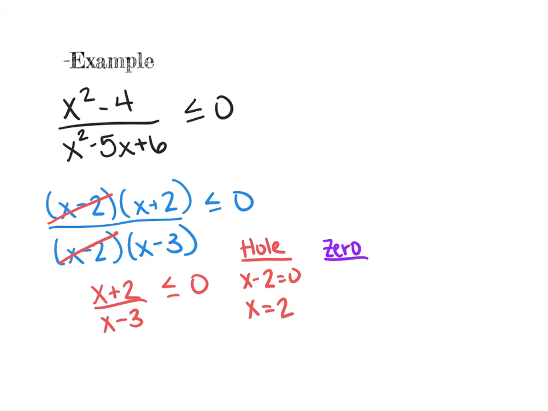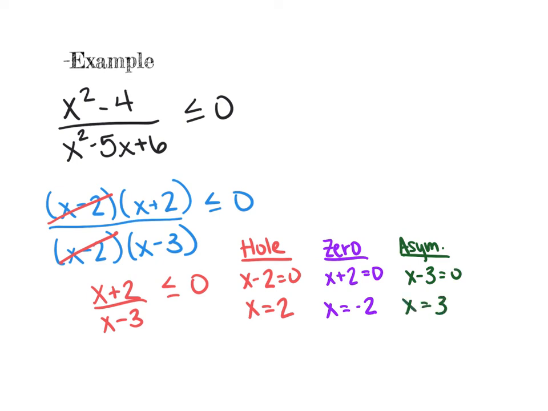The 0, remember, set the top equal to 0, and you're going to set the reduced or simplified form equal to 0. So I get x plus 2 equals 0, or x equals negative 2. And then the last thing I'm going to find is my vertical asymptote. That'll be just x minus 3 equals 0, or x equals 3.